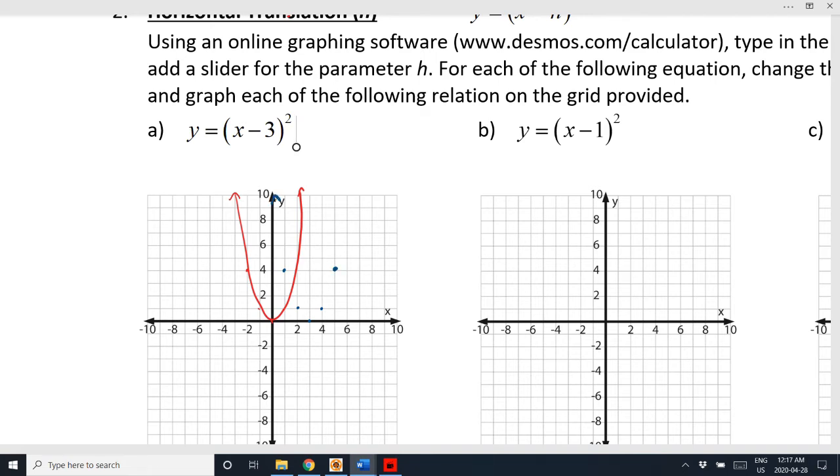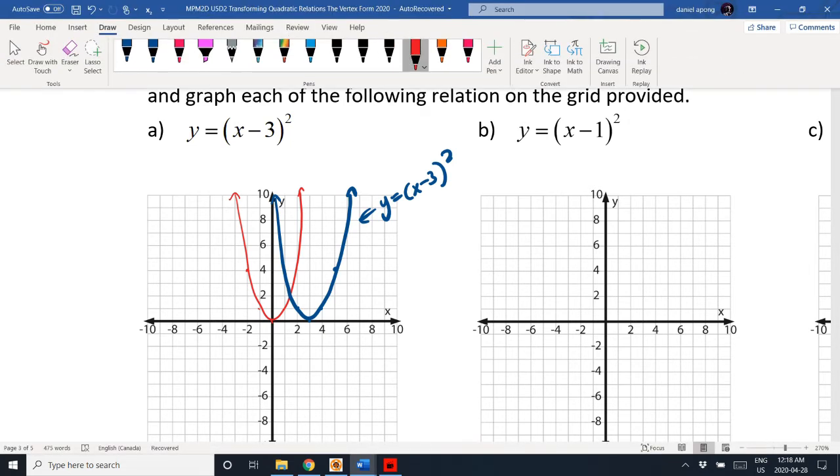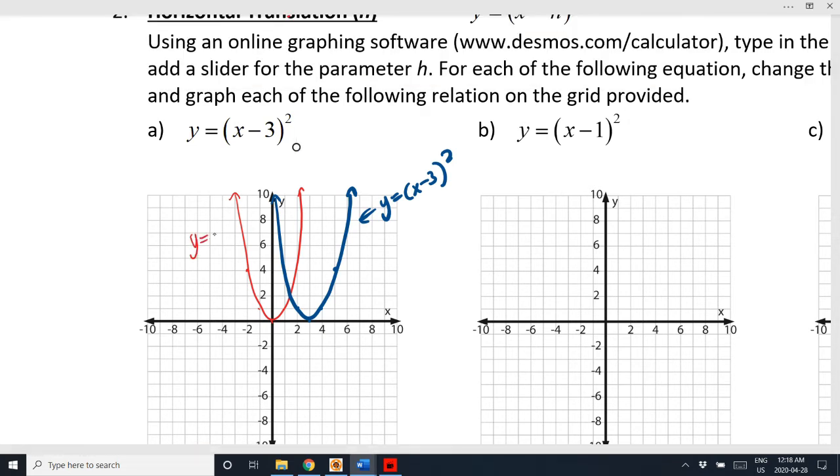And there we have our horizontal translation of the parent function. Okay, so this one here, again, we'll label this. y is equal to (x minus 3) squared, and the red is our parent function. y is equal to x squared.